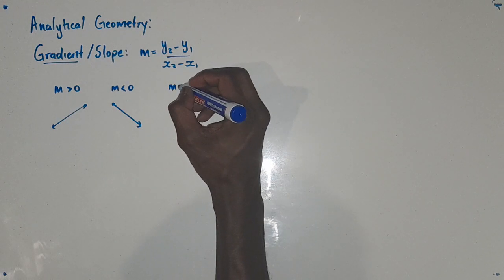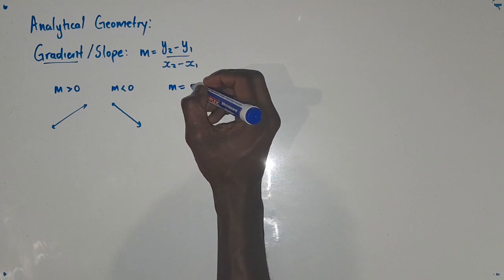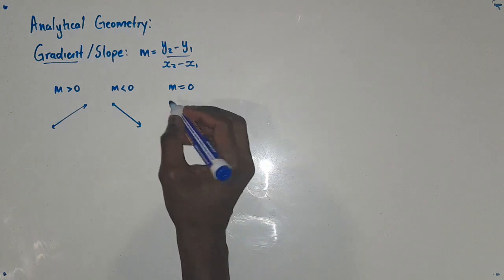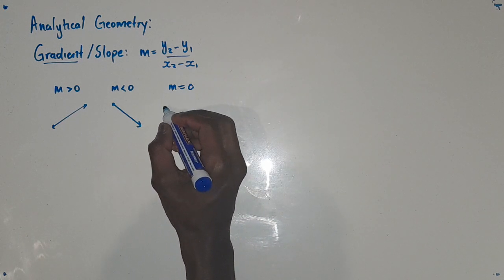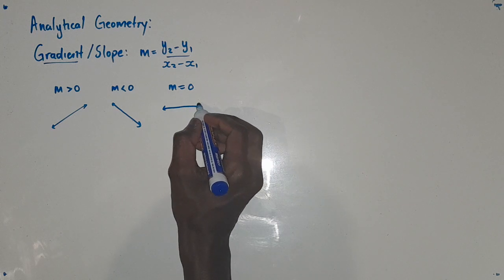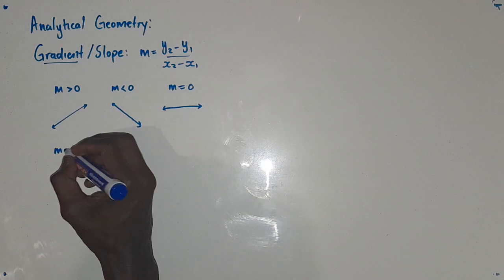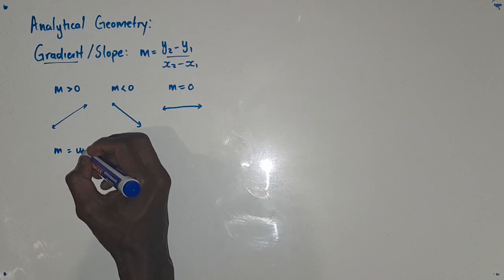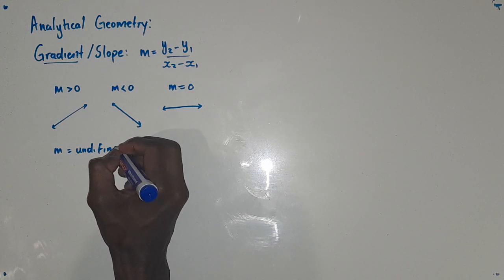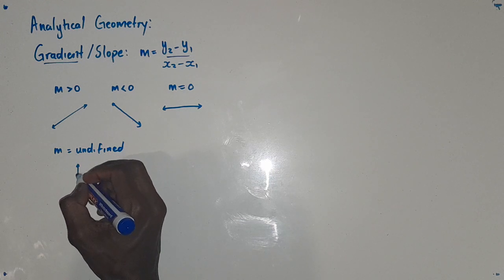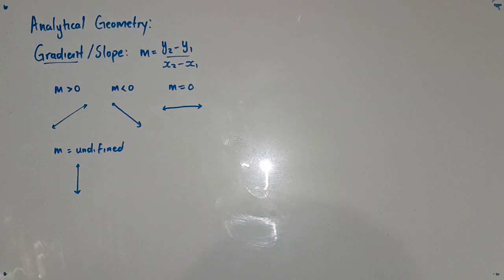Then now what is going to happen if our gradient is 0? So if our gradient is 0, our line is going to be like this. Do you understand? Then our gradient we get undefined if our line is like this. Do you understand? I just wanted to highlight this. Let me continue.